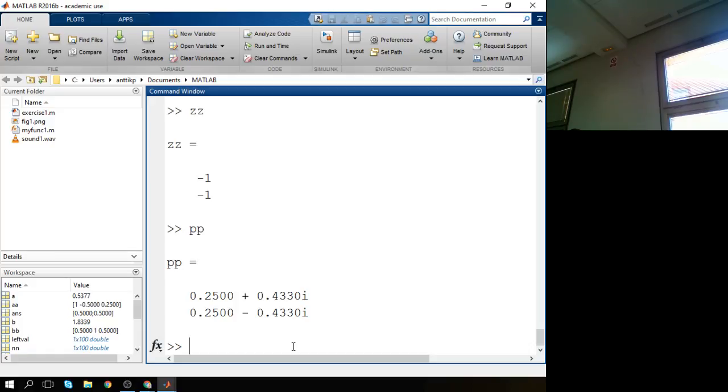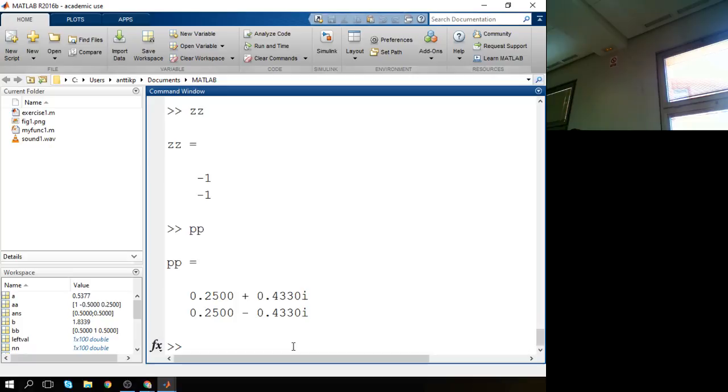Instead of that, I will make those locations my 0 points and see what that does for the system. It will be widening the stop band attenuation.